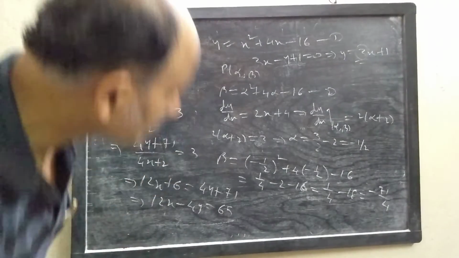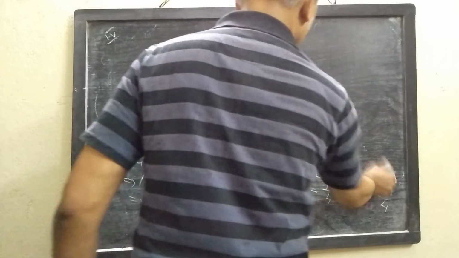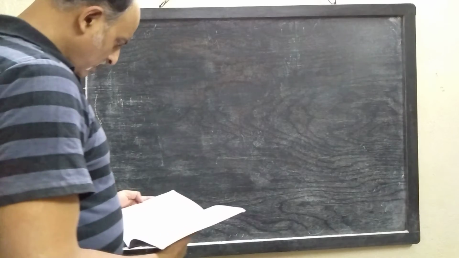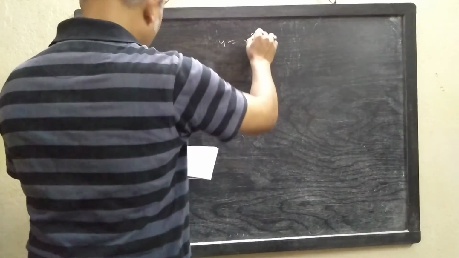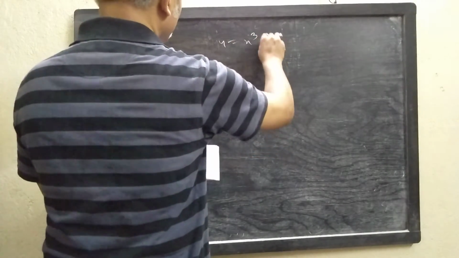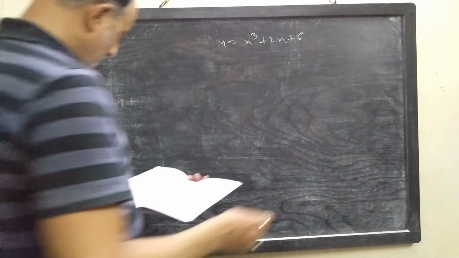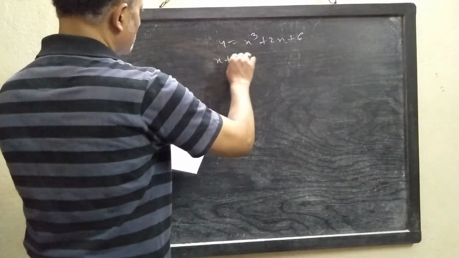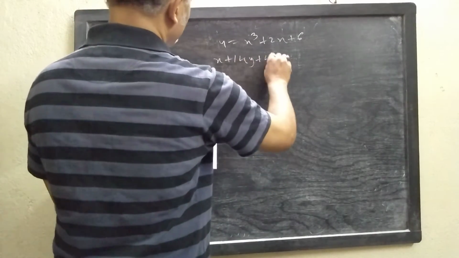Next question. Find the equation of the normal line to the curve y equals x cube plus 2x plus 6, which is parallel to the line x plus 14y plus 4 equals 0.